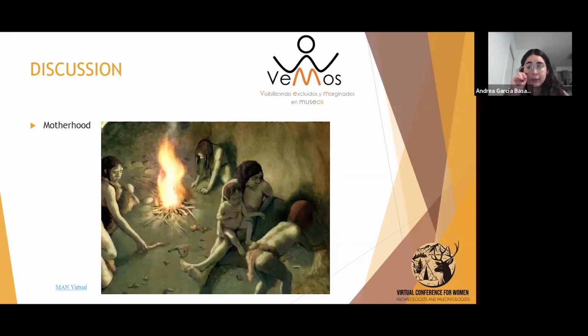This is an image from the Middle Paleolithic section also. And as we all know, relationships between adults, and mostly mothers, with children are a very important point in the social organization of a group, not only in the past, it still is nowadays. This is something that we cannot see in the archaeological museum.